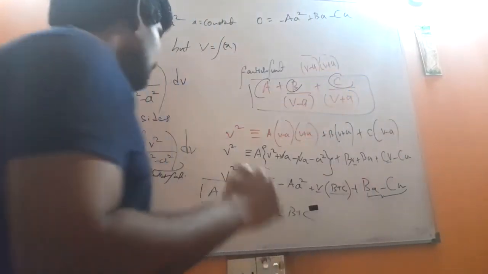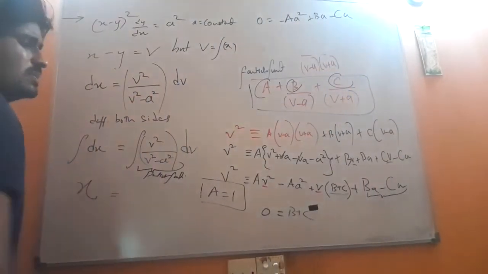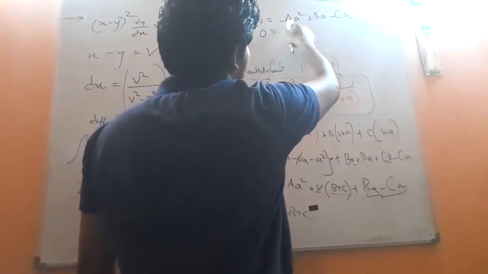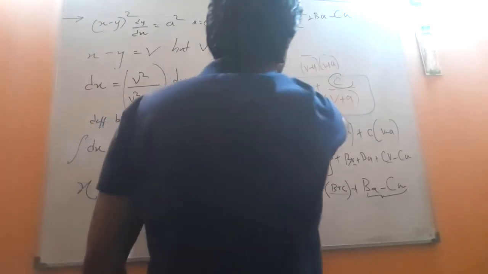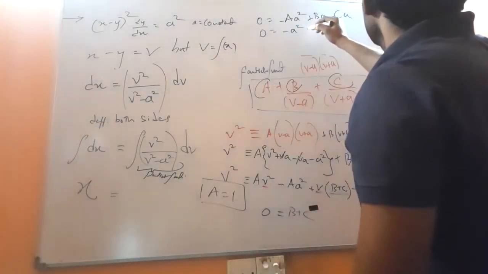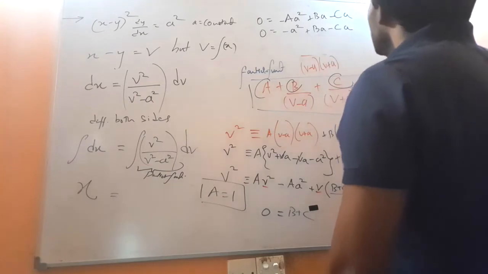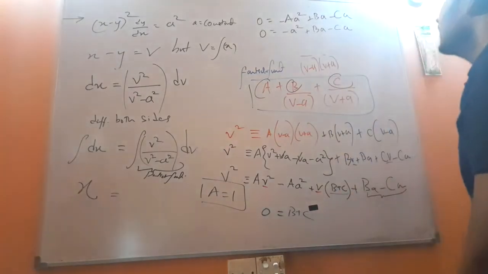But you already know that capital A equals 1, so you can put that result. 0 equals, capital A is 1, so minus A squared plus BA minus CA. Now it's no problem.